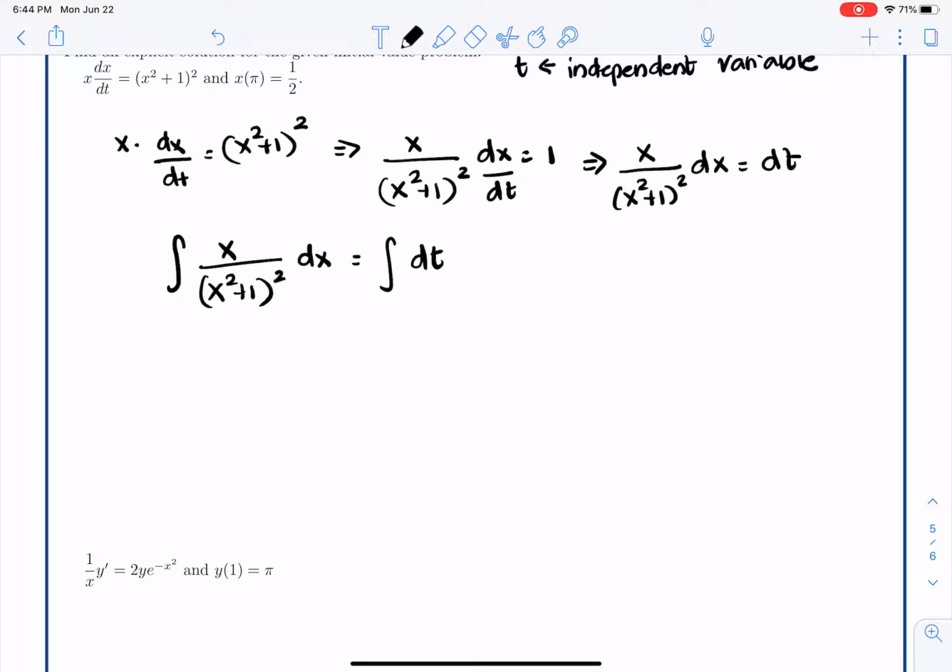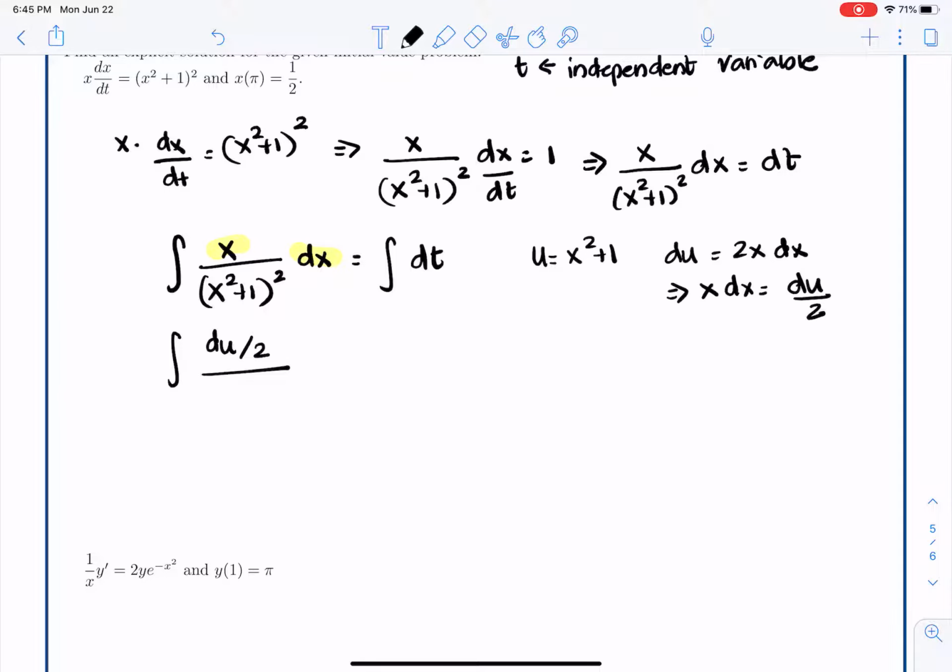We could say u is equal to x squared plus 1, which would imply du is 2x dx, which would imply x dx is equal to du over 2. So I'm going to replace x dx on the left hand side of the integral with du over 2.